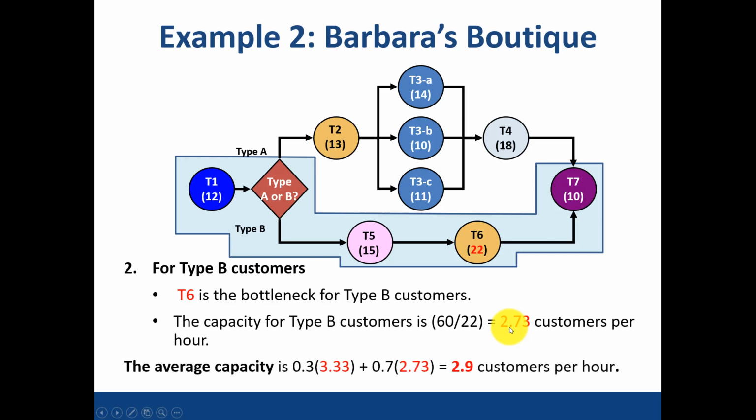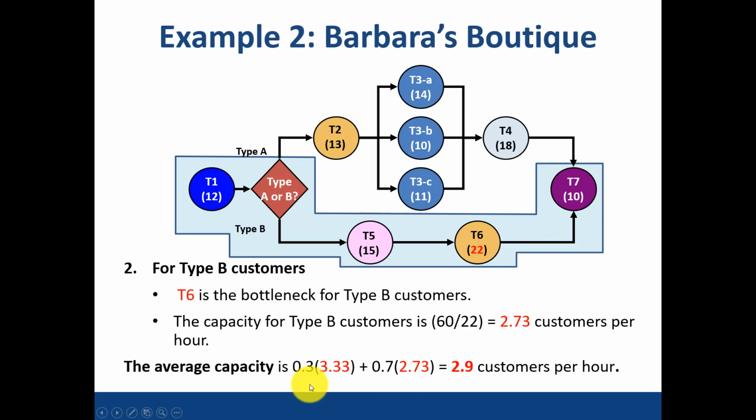Okay, so assuming that we have 30% type A, and 70% type B, the whole system can run on average at 2.9 customers per hour, so a bit less than 3 customers per hour.